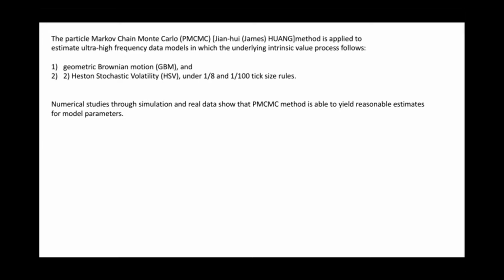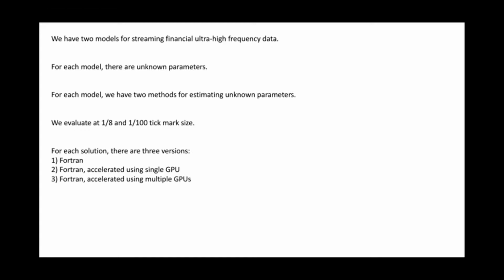So you have this geometric Brownian motion model or the Heston stochastic volatility model, and you also have a parameter for the noise model, and those are the parameters that we're trying to estimate.